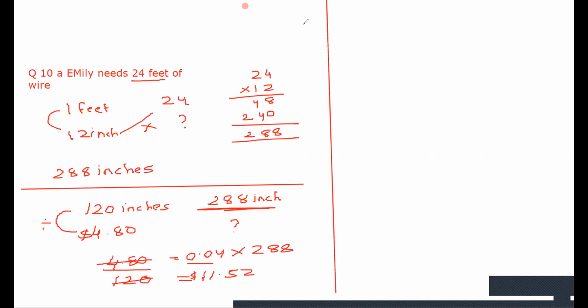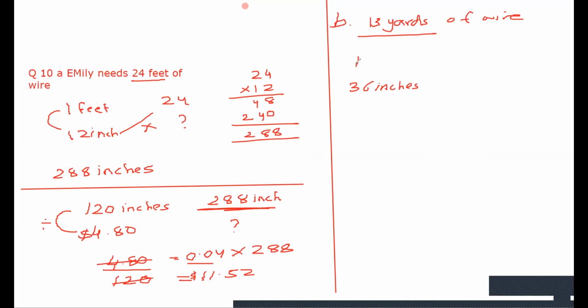Now again, there's one B question. See now here, Andy needs 13 yards of wire. Girls, am I doing my question with yards or inches? Inches. So 1 yard, I told you, is how much? 36 inches. This is what you have to learn. This is not given in the question.